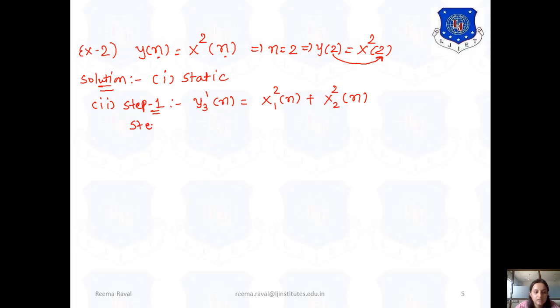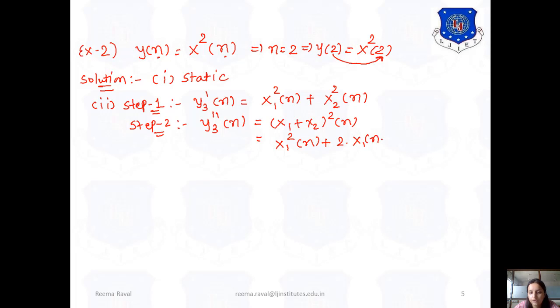Then step 2, we are going to consider the combined input and then apply it to the system. That will give us y3 double dash of n. So this will be x1 plus x2 whole square of n, which will give us x1 square of n plus twice x1 of n into x2 of n plus x2 square of n.